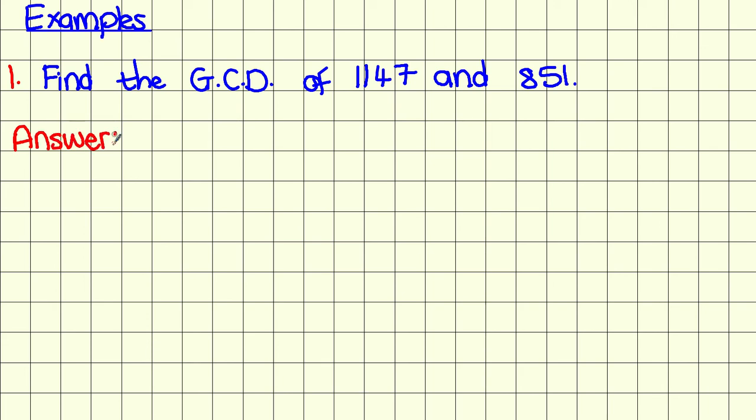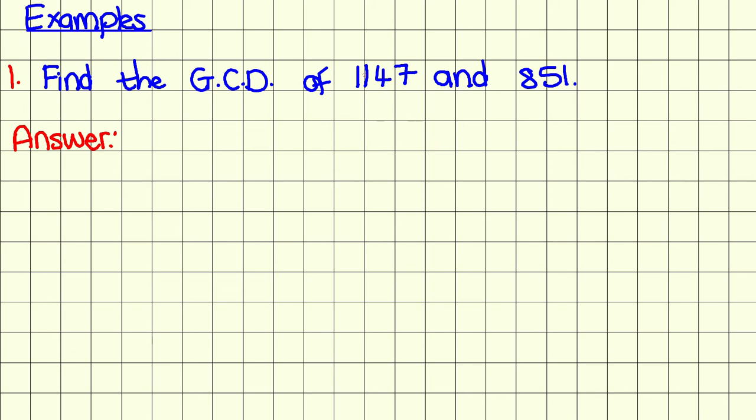Now, unless you are some sort of child genius, if you look at these 2 numbers and you need the biggest number that can go into both of them, 99.9% you probably cannot do it in your head. I cannot do it in my head. That's where we use a method called the Euclidean algorithm.